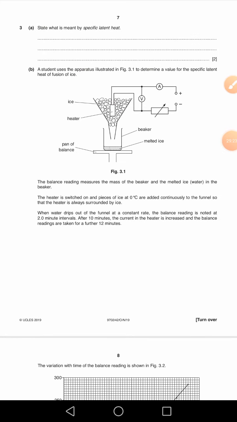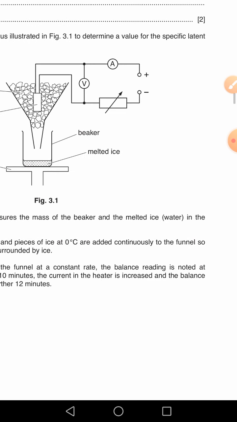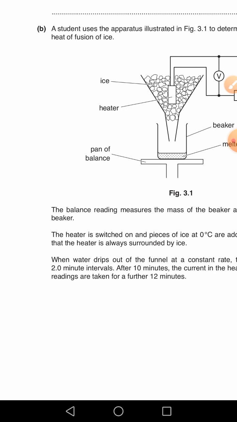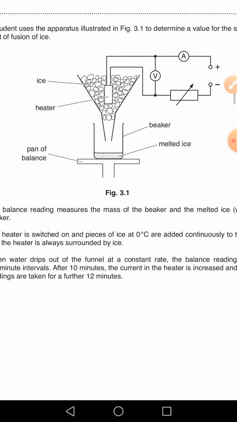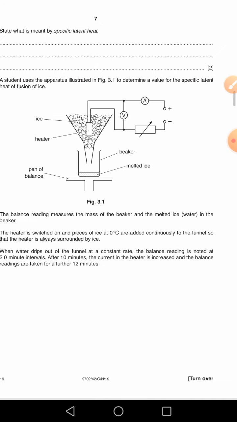Okay, so next, a student uses the apparatus illustrated in figure 3.1 to determine the value of the specific latent heat of fusion of ice. A balance reading measures the mass of the beaker and the melted ice water.